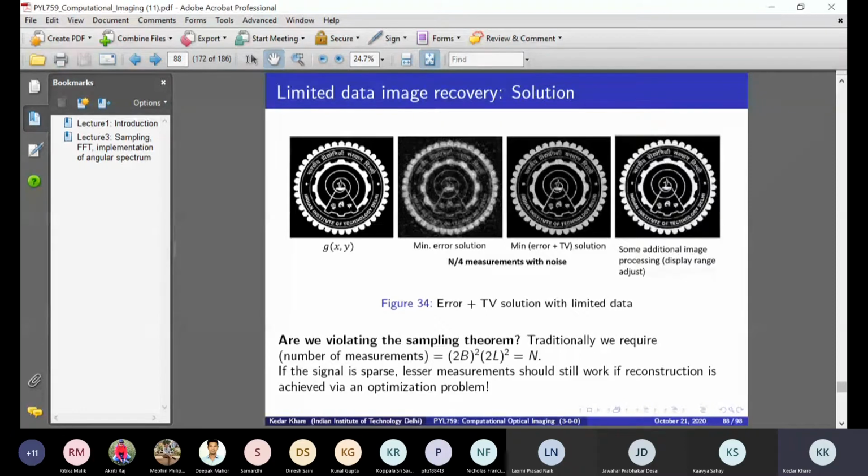I have used the logo image here, but I might as well have used the MRI example or the black hole example in place of the IIT Delhi example, because from the mathematical standpoint or image reconstruction standpoint, these problems, as you will see, are identical. Okay.